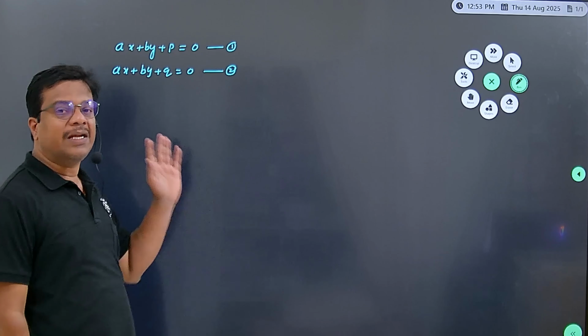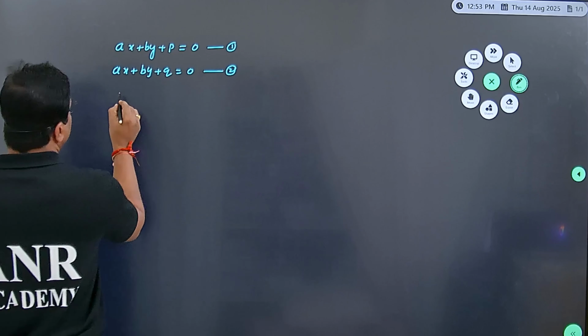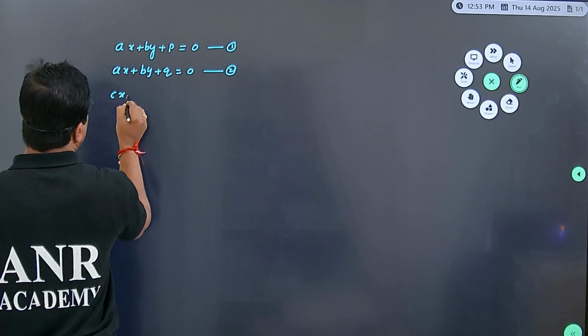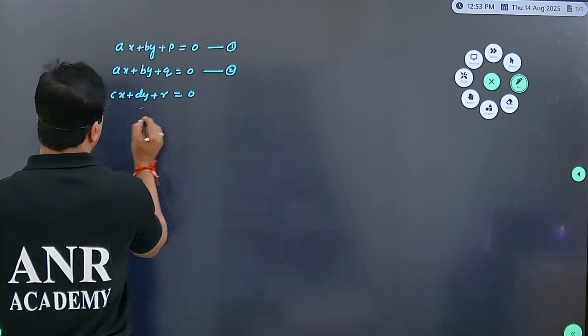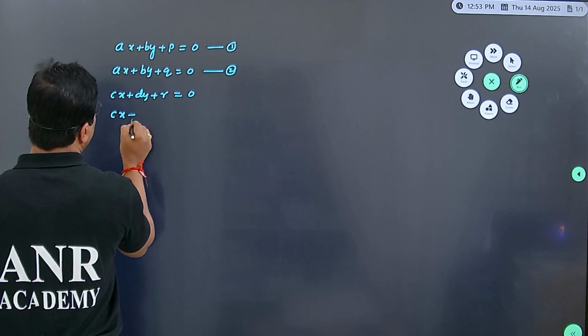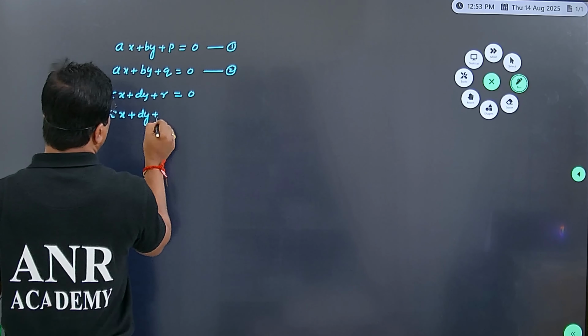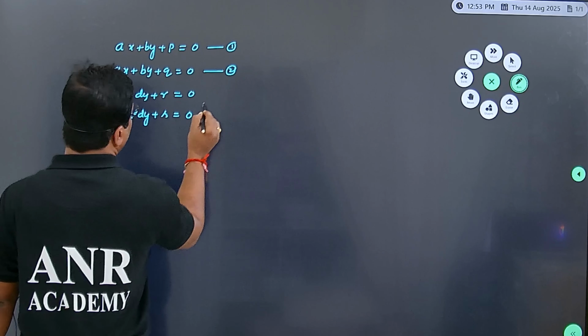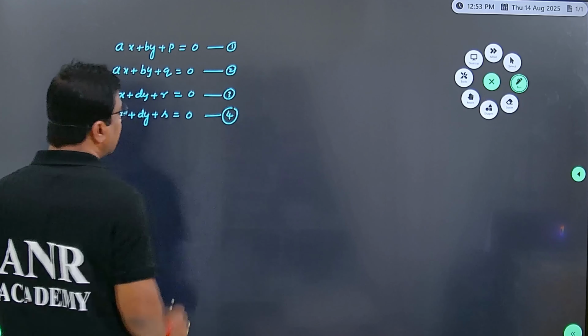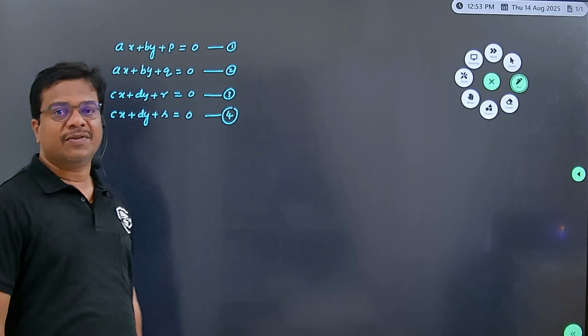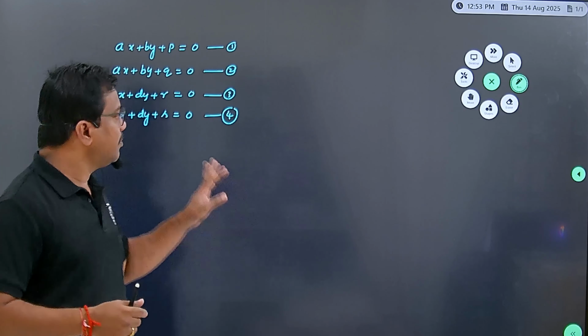Next, the remaining two sides. Suppose they are cx plus dy plus r equal to 0 and cx plus dy plus s equal to 0. These are the four sides of a parallelogram.